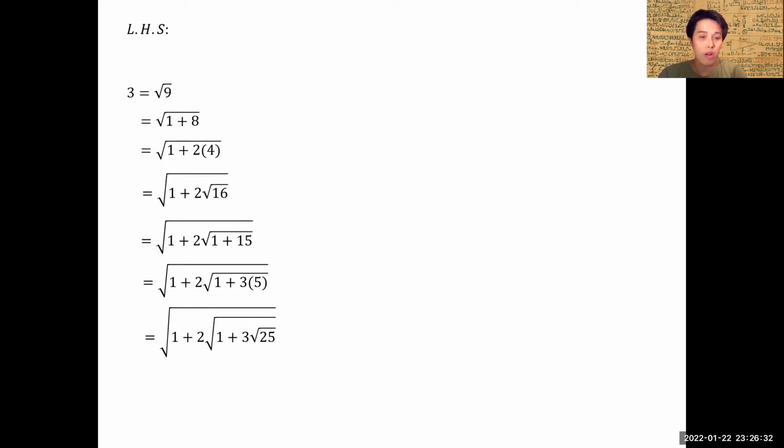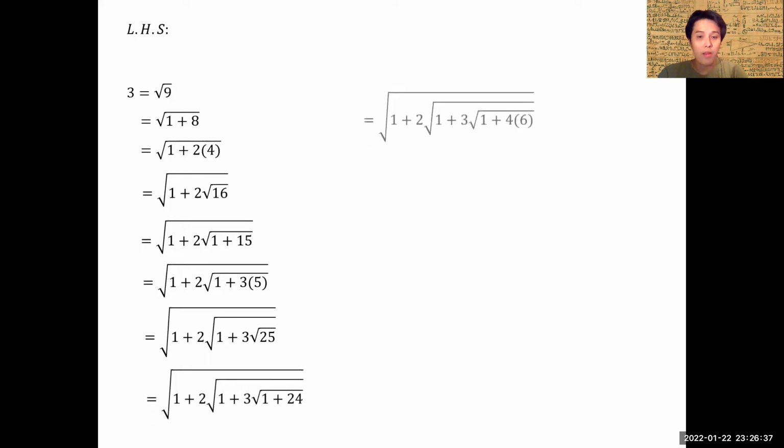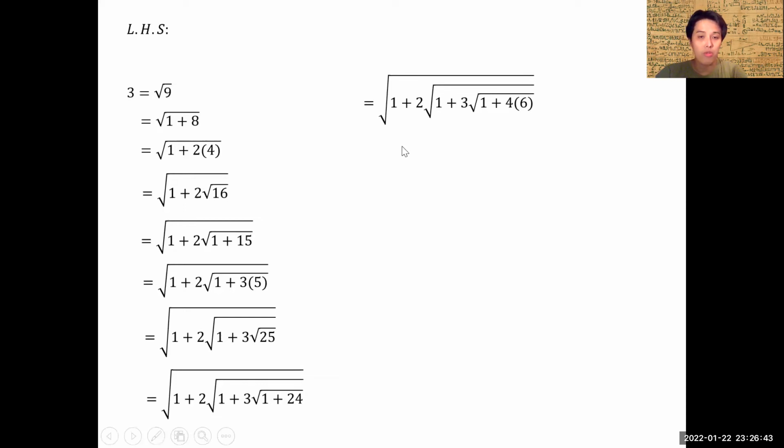And we all know that all this is equal to 3. If I go on and on, you can see that I'm actually shifting out the 1, and you have a 2, a 3, a 4, and so on. If this goes on and on, conjecturally, as this tends towards infinity, the entire thing will converge to 3.